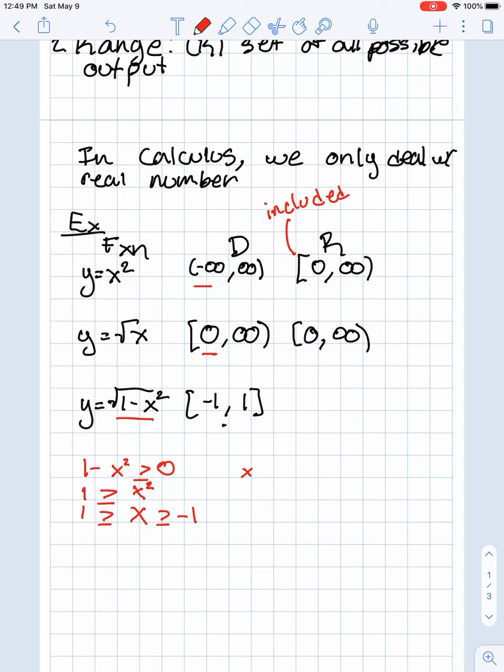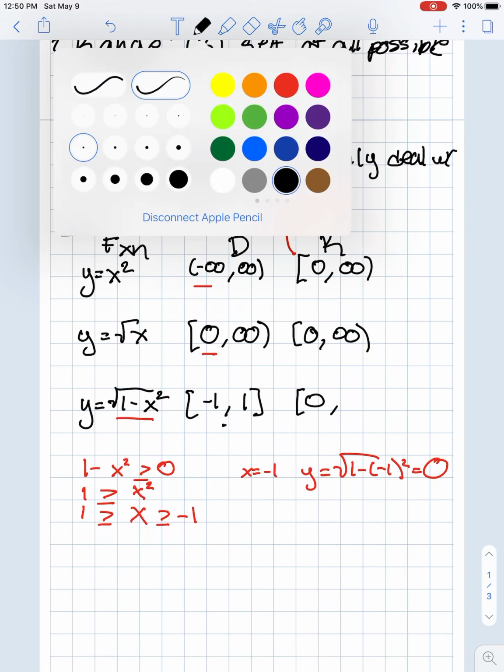So if x equals -1, y equals the square root of 1 minus -1 squared. 1 minus 1, that's 0, square root of 0 is 0. Well, that's the smallest that y can be because that's the biggest x can be. So I know that the smallest y can be is 0.